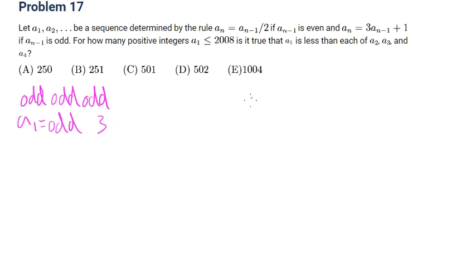In fact, we could also dismiss odd, odd. That only leaves us with odd, even, odd. There can't be any consecutive odds in this sequence. Odd, even, odd is like the only possibility.